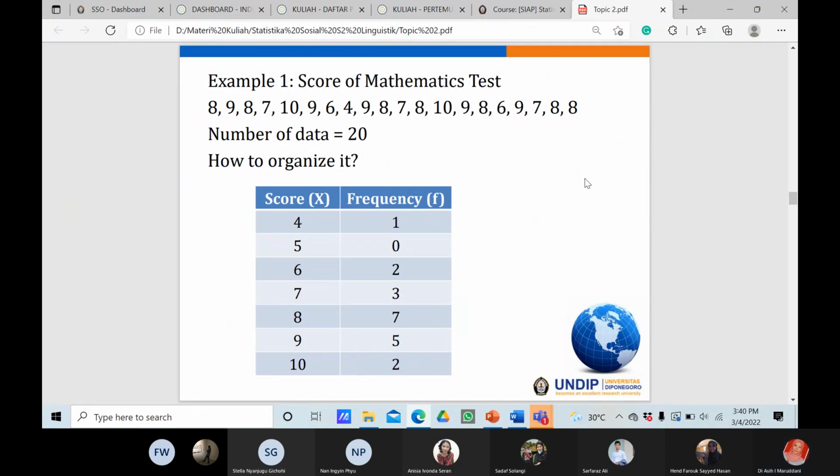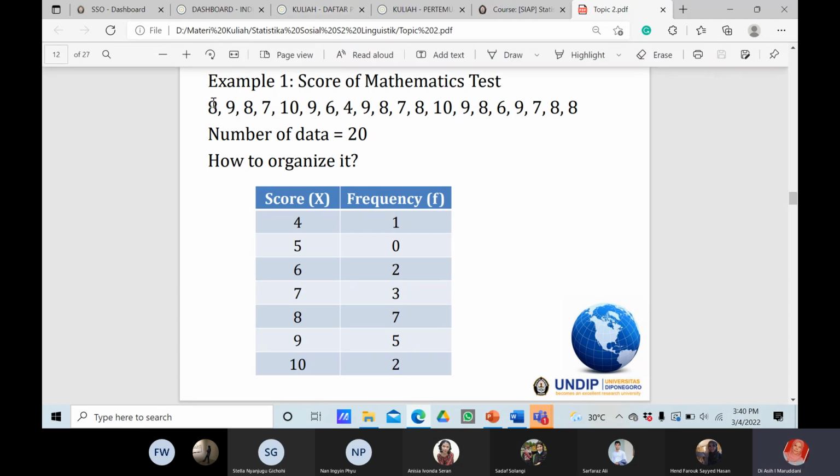You collect the papers of the mathematics test, and you write that the first student got 8, and so on, until the last student got 8.